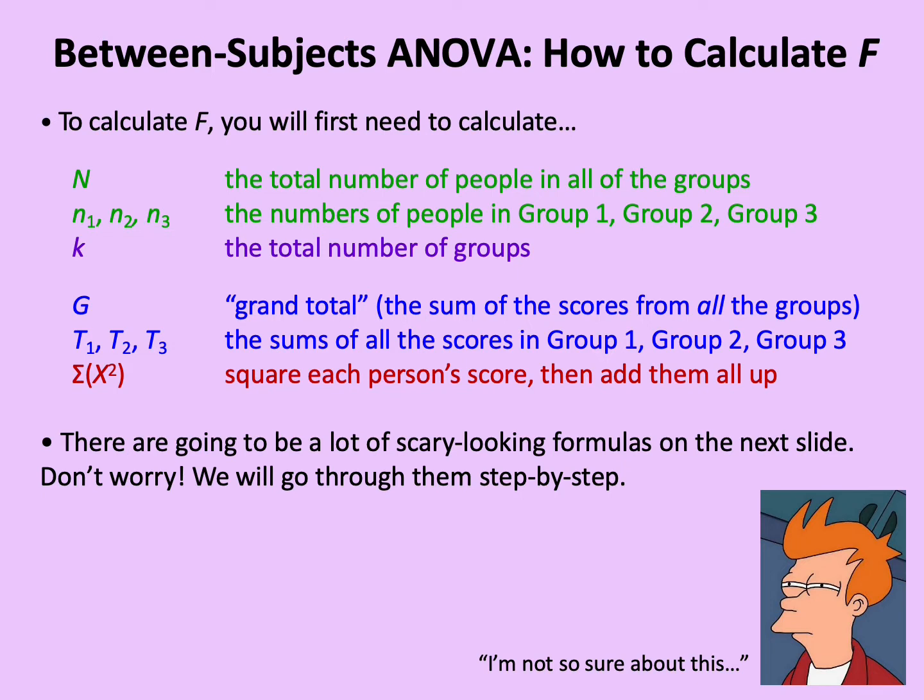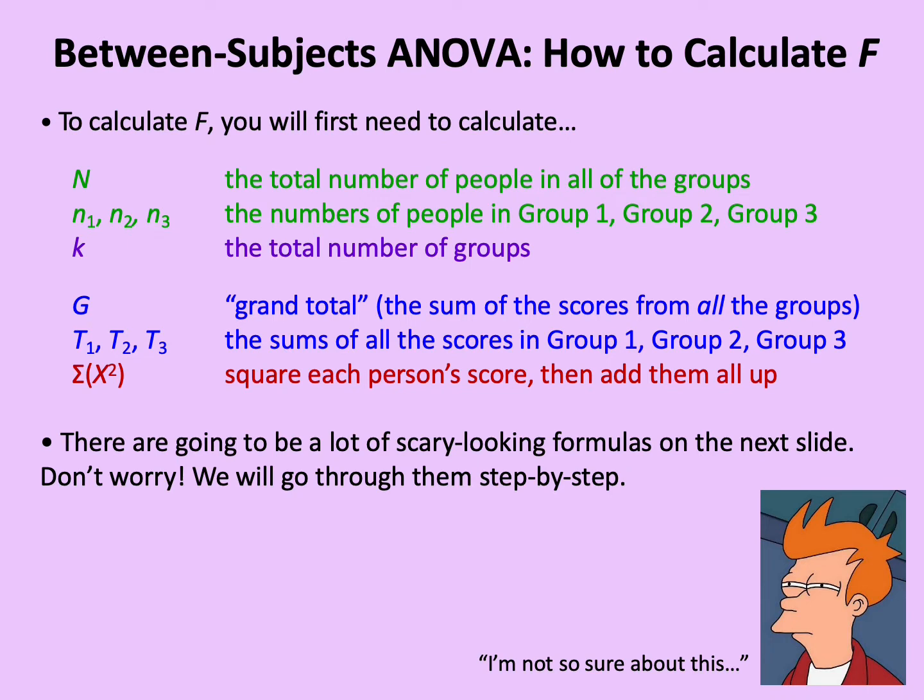Okay, so we'll start with the green notations here. First we have a capital N, and I'm sure all of you will remember from 306 and other stats classes that n simply refers to sample size, or how many people are in a particular group.